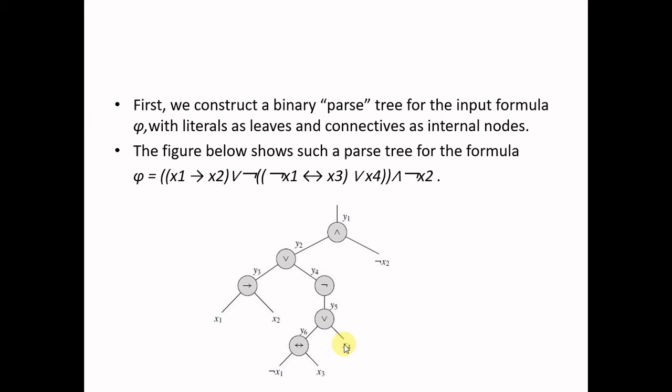The whole result is negated, and there is a parenthesis for this, and these two are connected with a logical OR. The parenthesis ends here, and this is connected with negation x2 using this AND. This is the parse tree corresponding to this Boolean formula.